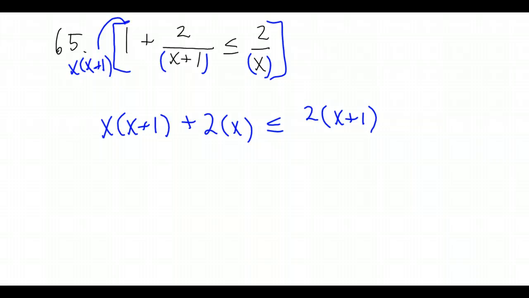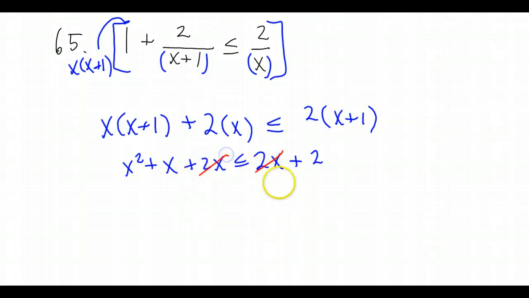Okay, now there's kind of a normal equation. It's not linear, but we can solve this. x squared plus x plus 2x less or equal to 2x plus 2. The 2x's will cancel when I subtract. I go ahead and bring this 2 over, so I get x squared plus x minus 2 less or equal to 0.